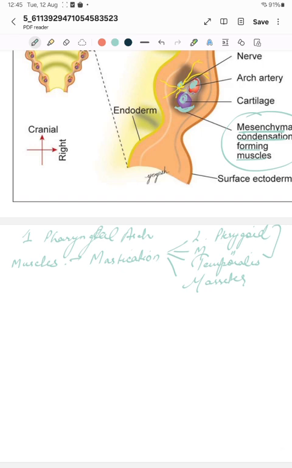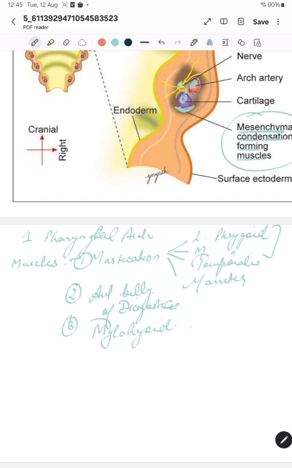Then we have the anterior belly of digastric, then the mylohyoid muscle. Then we have two tensors: tensor tympani and tensor veli palatini.